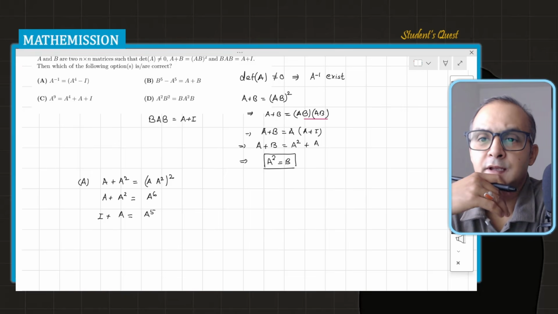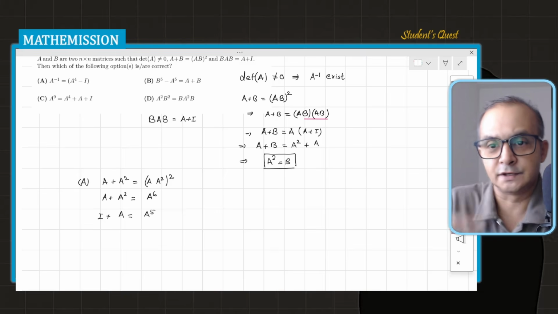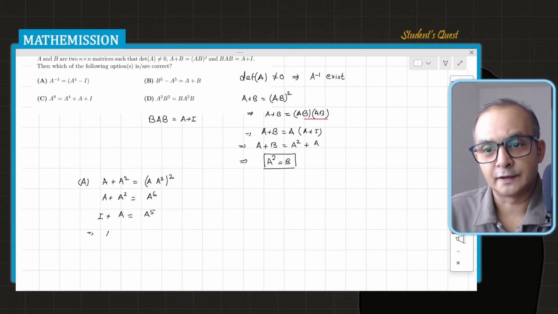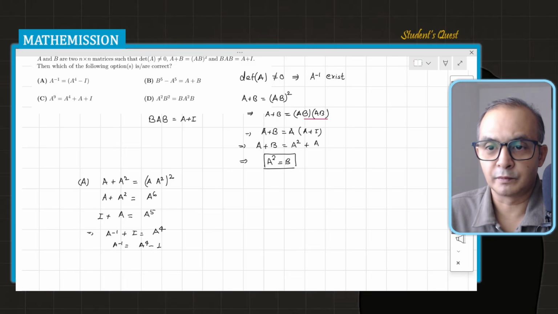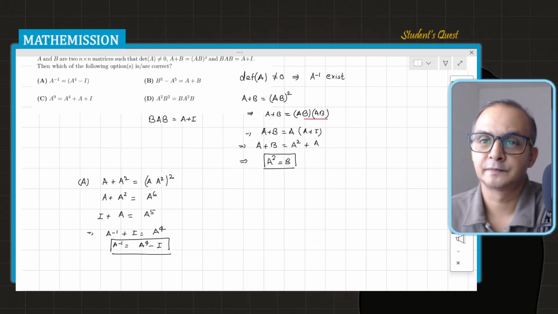Okay, and once again, if I multiply with A inverse, I will get here A inverse plus I is equal to A to the power 4. And so I'm getting A inverse is equal to A to the power 4 minus I. So statement 1 is correct.